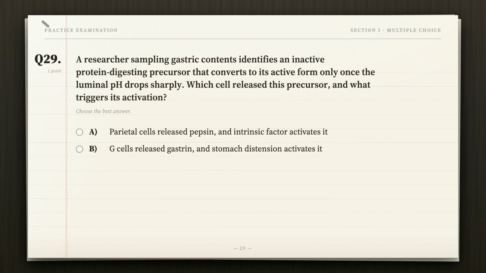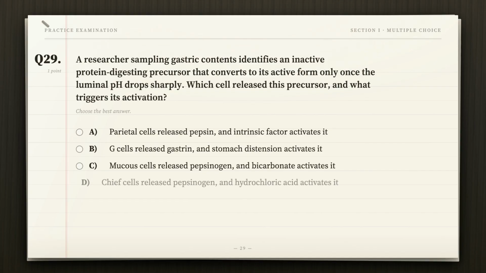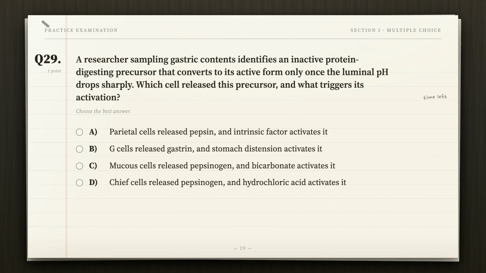B. G cells release gastrin and stomach distension activates it. C. Mucus cells release pepsinogen and bicarbonate activates it. D. Chief cells release pepsinogen and hydrochloric acid activates it. Pick one. Trust your gut. Here's your chance to test yourself.